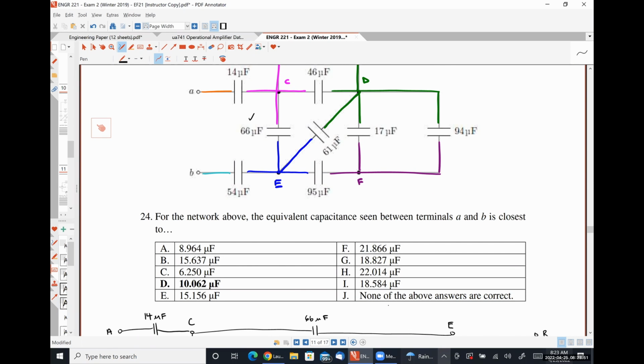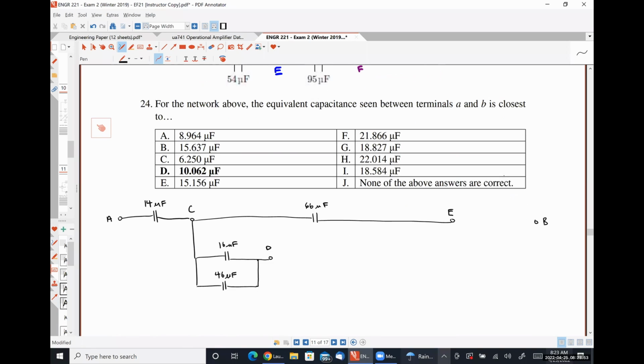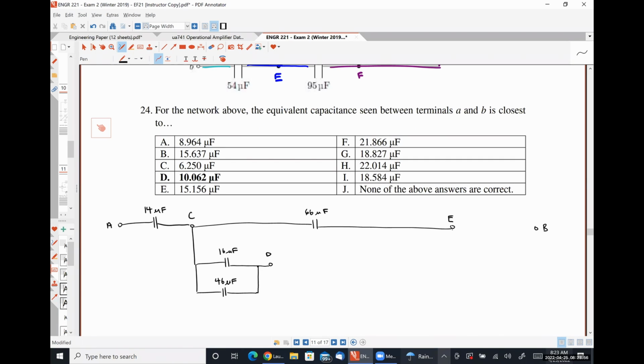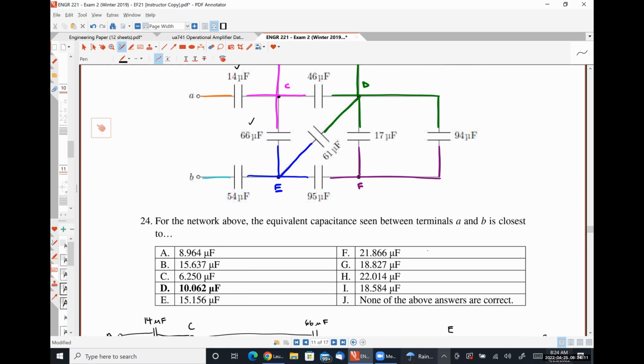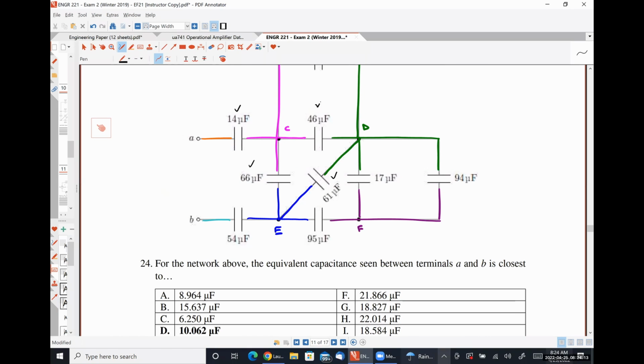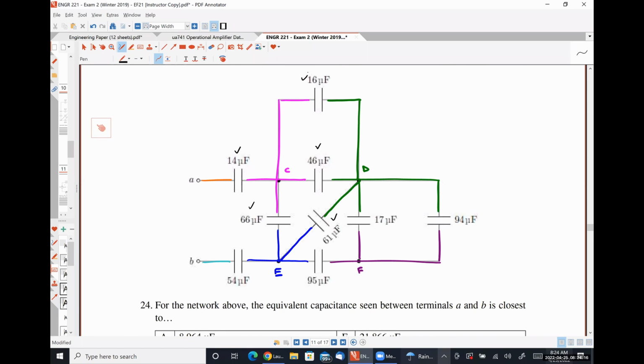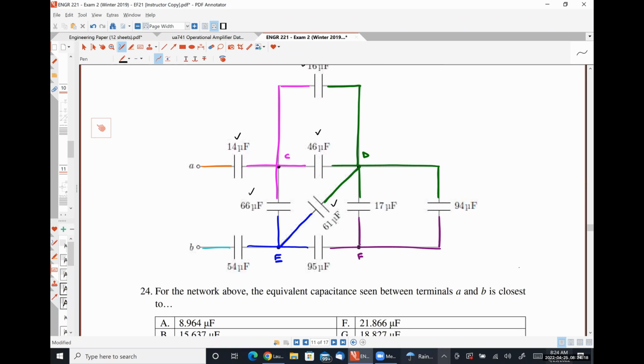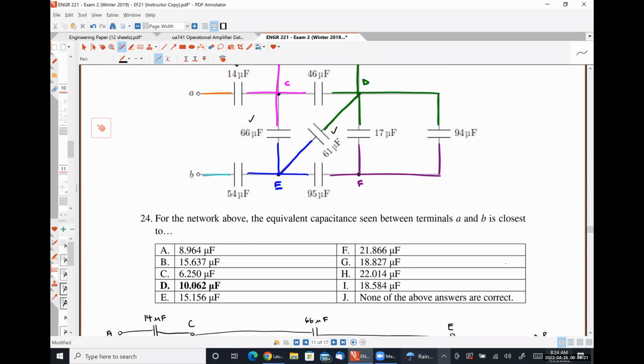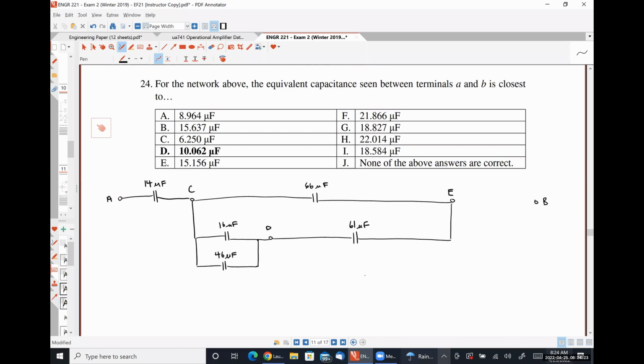I can go from D to E directly through the 61. I think I said that was 61. I might need to double check that. Yeah, that's 61. I've taken care of this 46. I've taken care of this 16. I could also go from D to F to get to E. So let's put F right here.